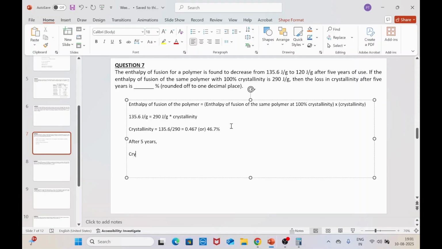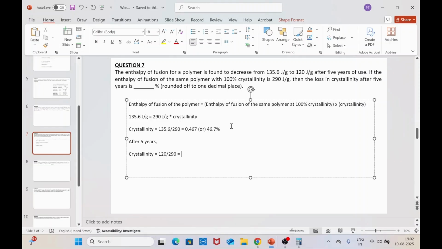So now what will be the crystallinity in the polymer? Can I write it as 120 by 290? Again, here it does not mean that we change the equation to the enthalpy of fusion of the polymer at the present condition. Here also we are seeing what would be the percentage crystallinity after 5 years. So here also this delta HFC should be in the equation.